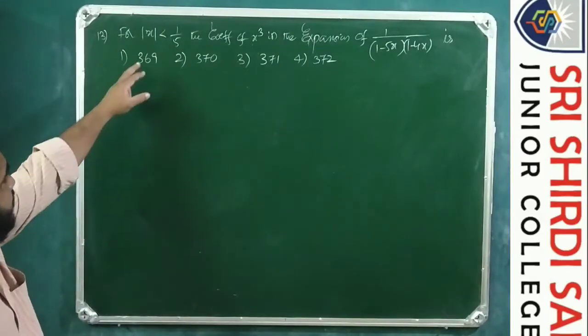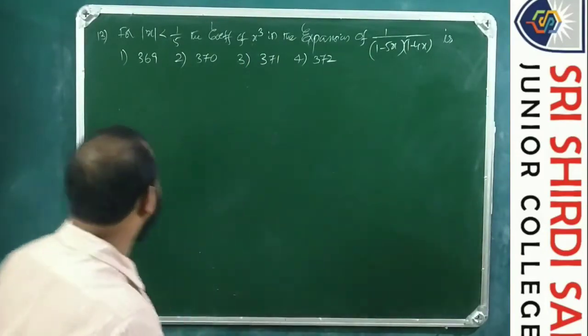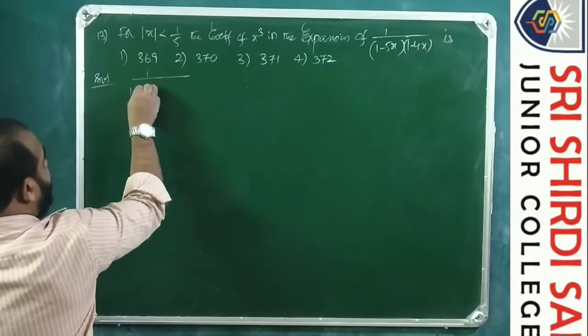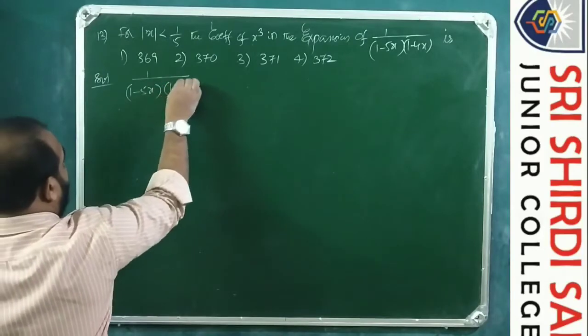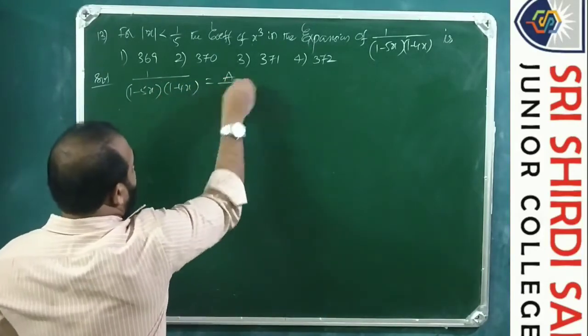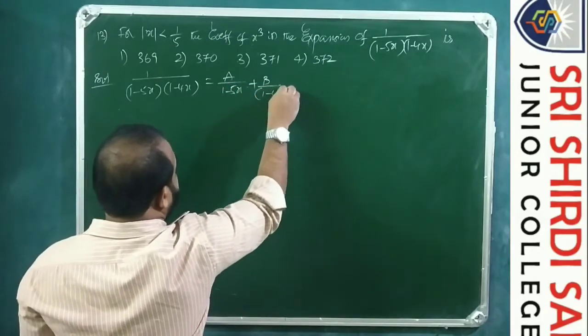For mod x less than 1 by 5, the coefficient of x cube in the expansion of this. So 1 by (1 minus 5x) into (1 minus 4x), the partial fraction for which is a by (1 minus 5x) plus b by (1 minus 4x).